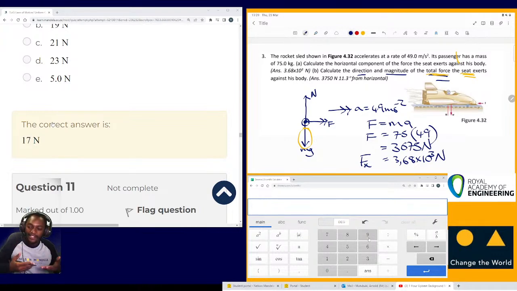So the person is exerting 75 g on the seat. Then the seat is exerting 75 g on him. And our question now is saying consider the total force that the seat exerts on the person, not the force that the person exerts on the seat.